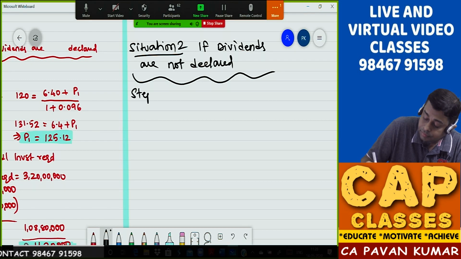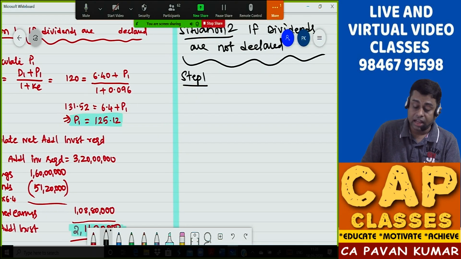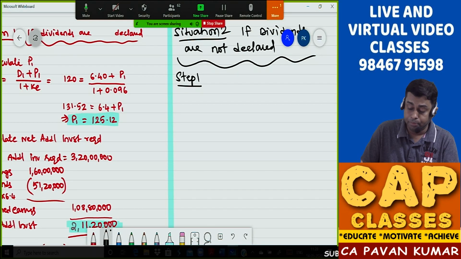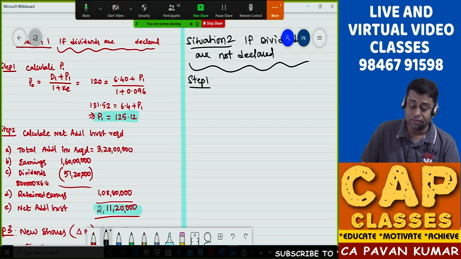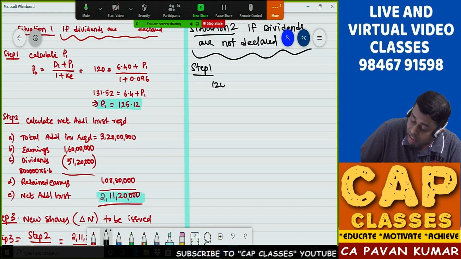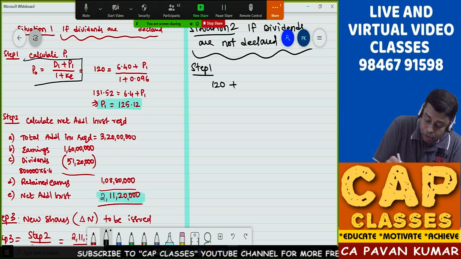Step 1. What is step 1? Calculate P0. So we are following the same pro forma. Like how we have done on the left hand side, we are doing the same. I am taking this formula.